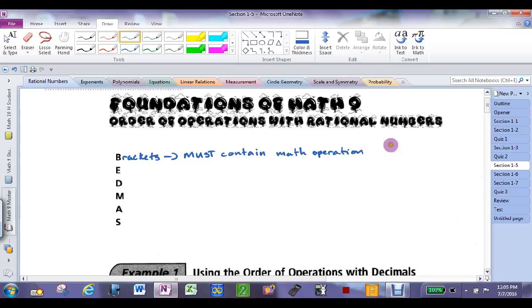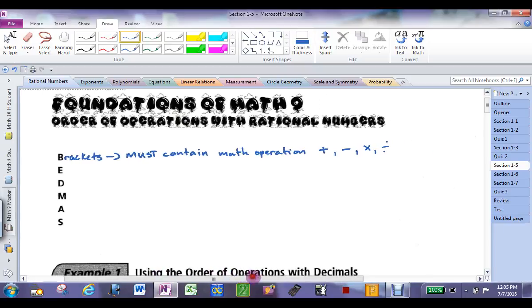What are the four math operations? There's only four. Add, subtract, multiply, or divide. It must contain one of those. And here's why I am telling you this. Because a lot of kids will see what I'm about to write, and I'm writing it in red because it's not correct.